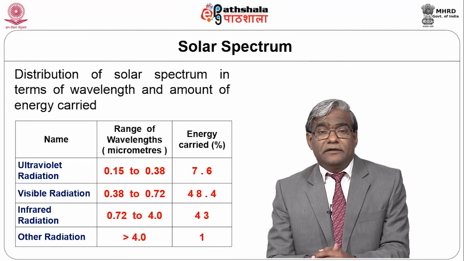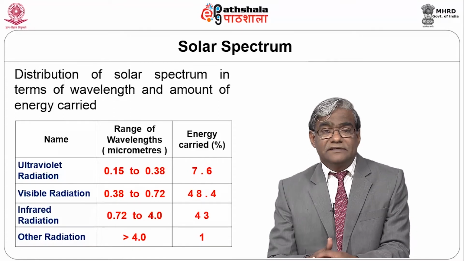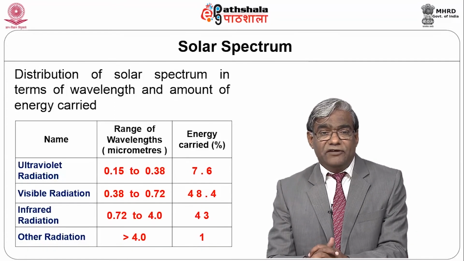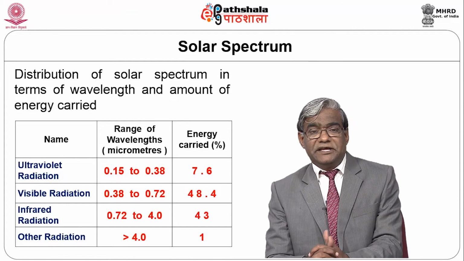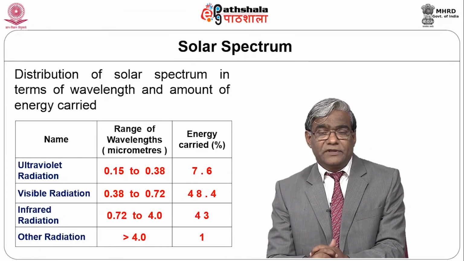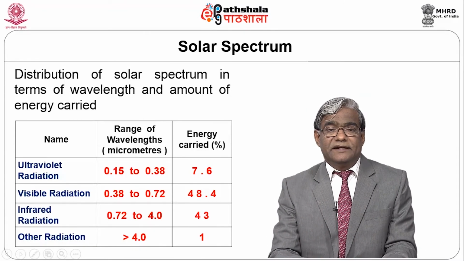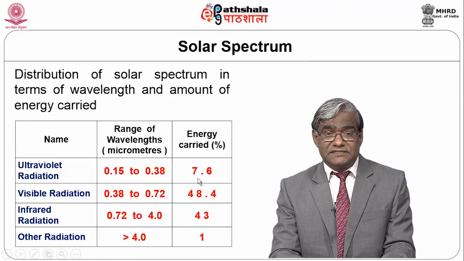And the distribution of the solar spectrum in terms of wavelength and amount of energy carried: from solar radiation we have UV, that is ultraviolet radiation, visible radiation, infrared radiation, and other radiation. The range of wavelengths for UV is 0.15 to 0.38 micrometers, and the energy carried is about 7.6%.